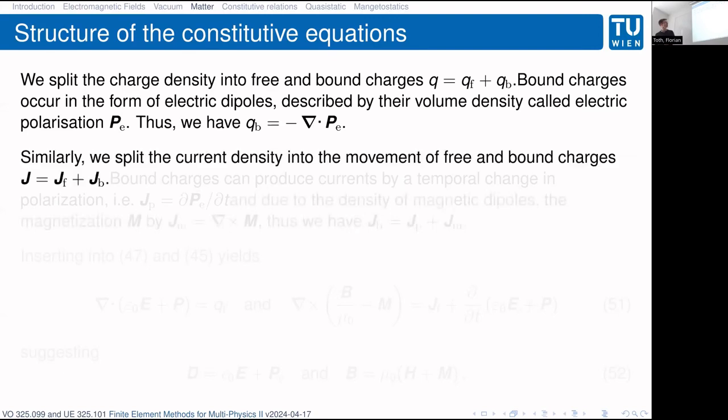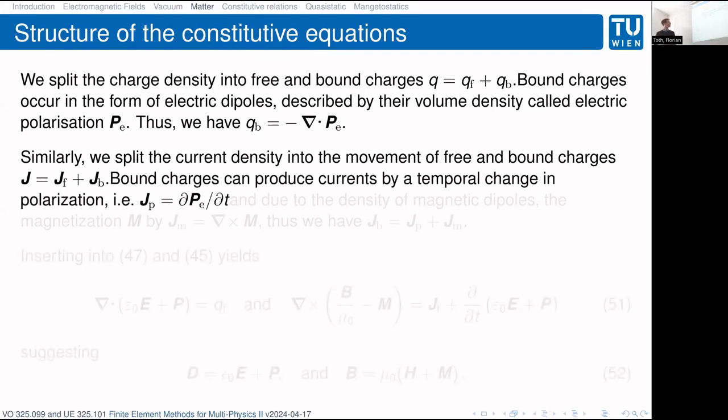And similarly, you can do this with the current density. So you say we have free currents. These are the free charges that move around. And we have current densities due to bound charges.